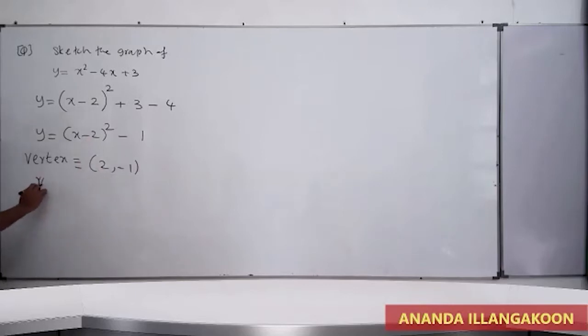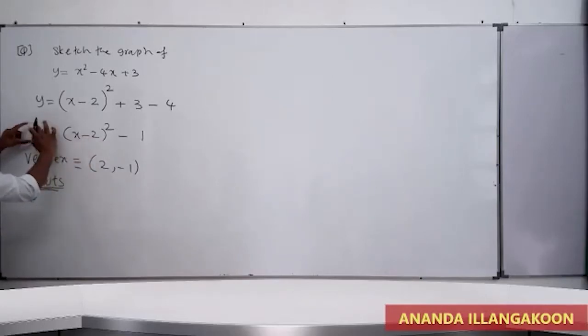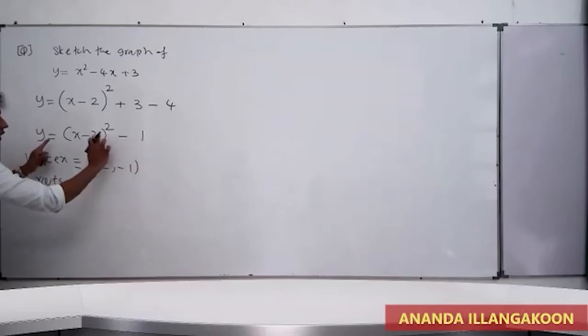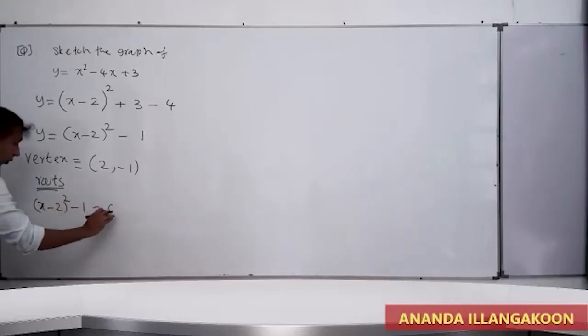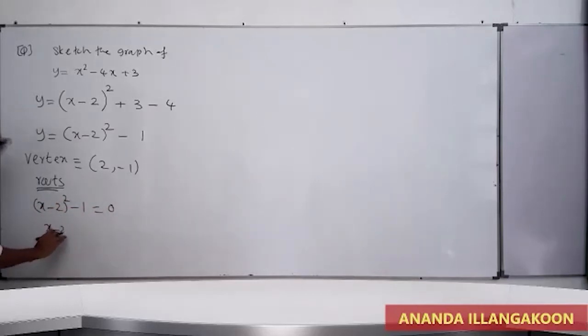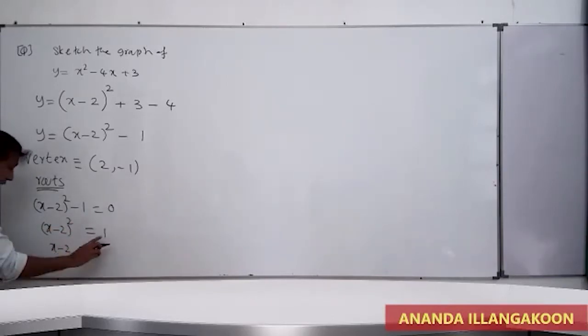How to find the roots, people? We have to set this y to 0, no? This y equals 0 means this will be 0, then I can equate this to 0. x minus 2 perfect squared minus 1 equals 0. Then x minus 2 perfect square equals plus 1, taking the square root on the right hand side.